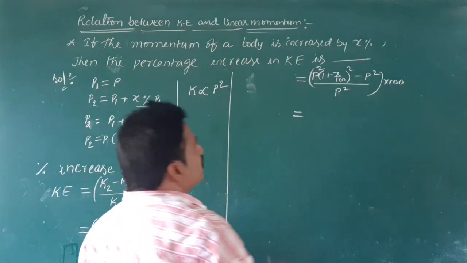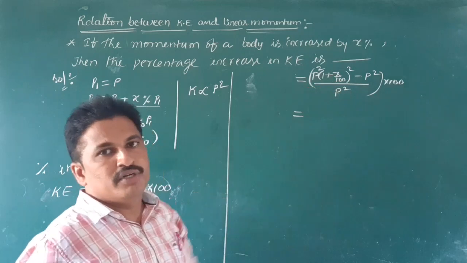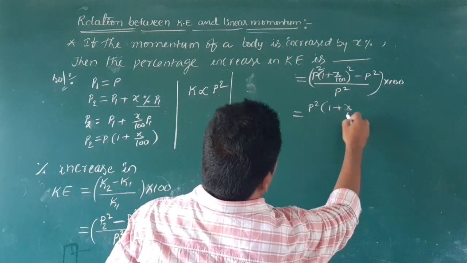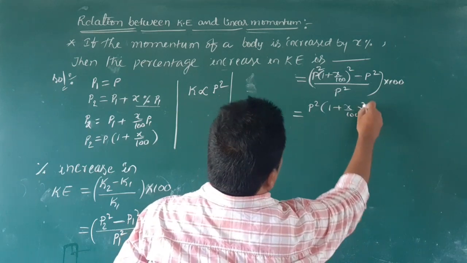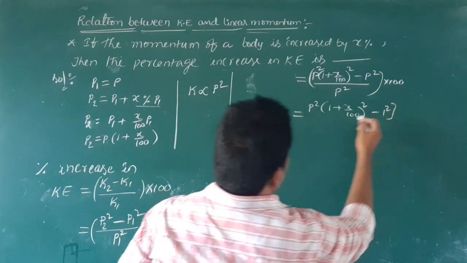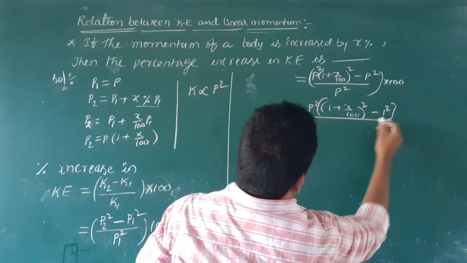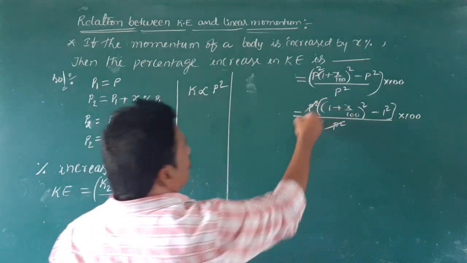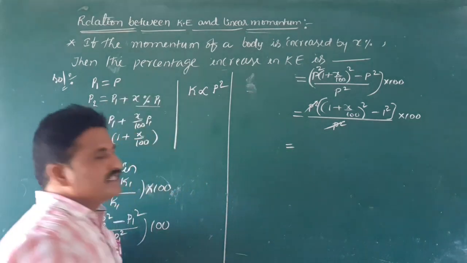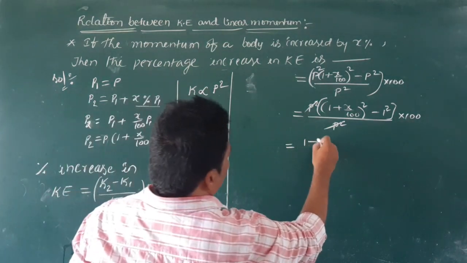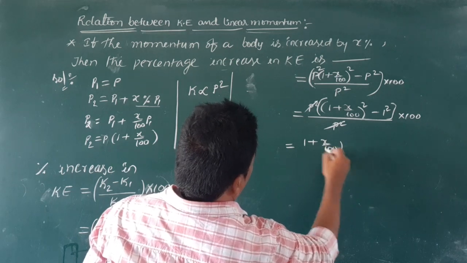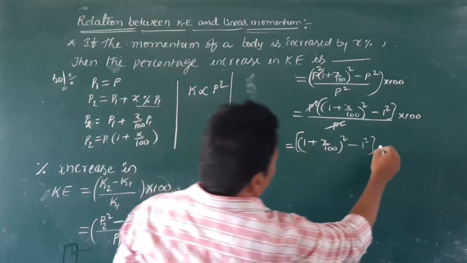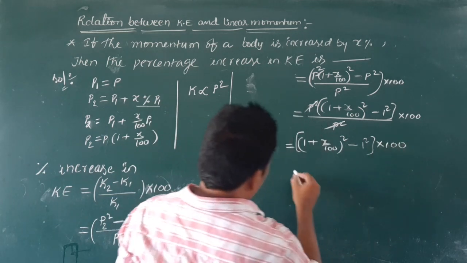Taking P square common, students, that is P square of ((1 plus x by 100) square minus 1 square) whole divided by P square into 100. P square gets cancelled. We get (1 plus x by 100) square minus 1 square, into 100.